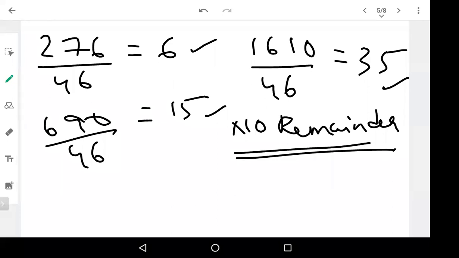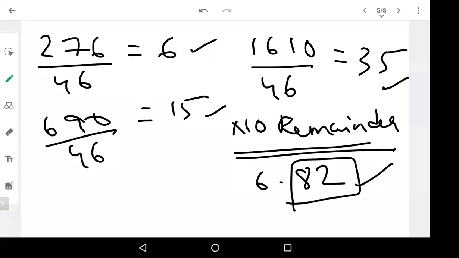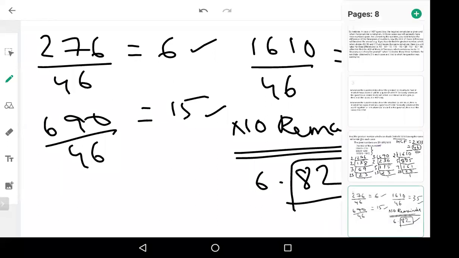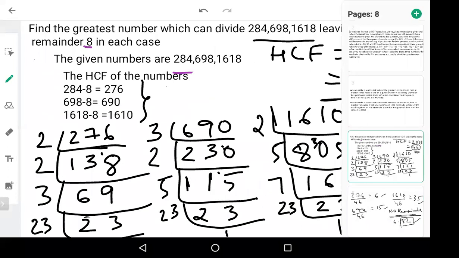But when you have any point, let's say 6.82, which means there is a remainder and it is not completely divisible. Are you all able to understand? Okay, good. Now we will complete this with the procedure.